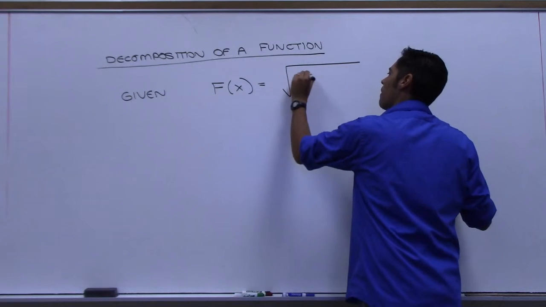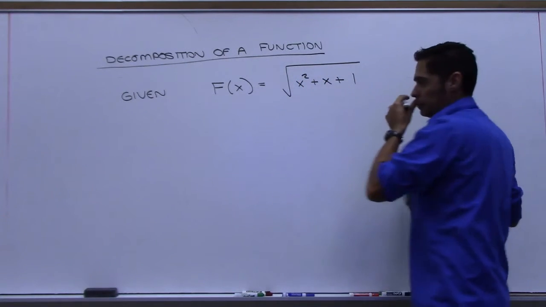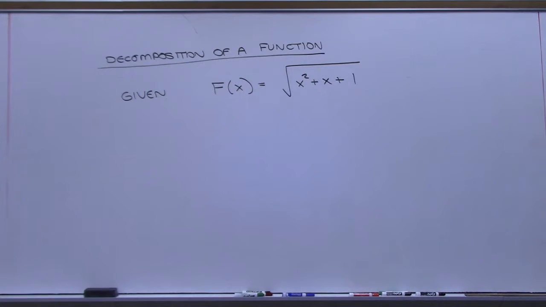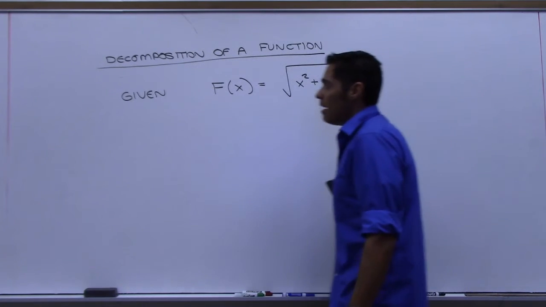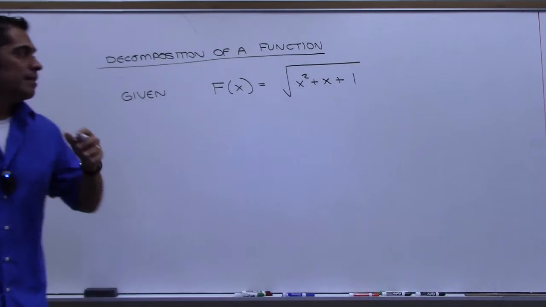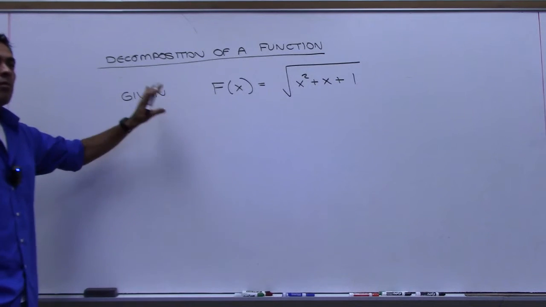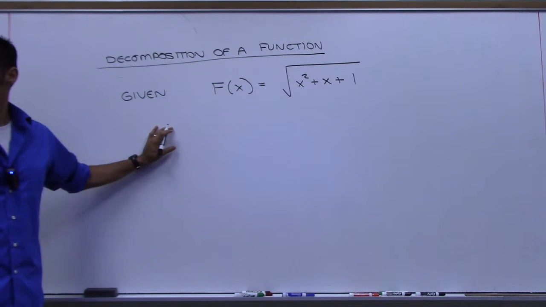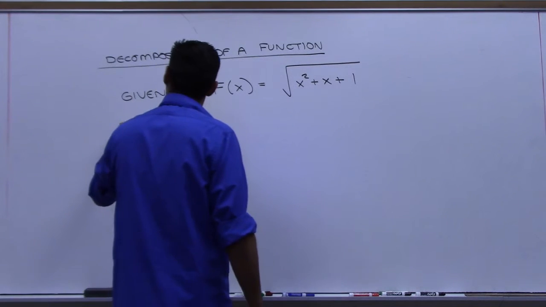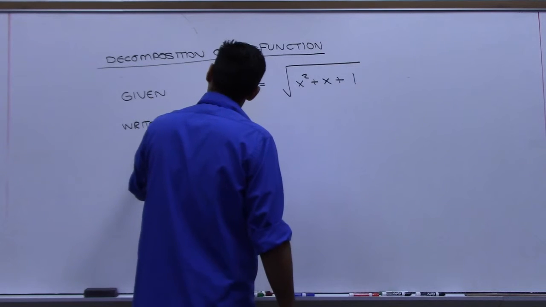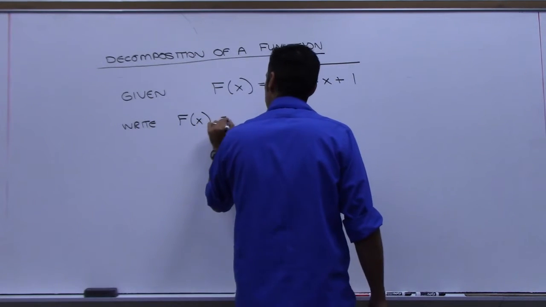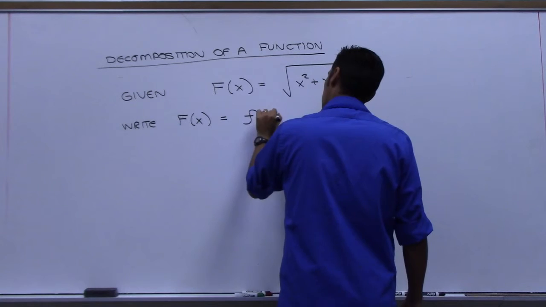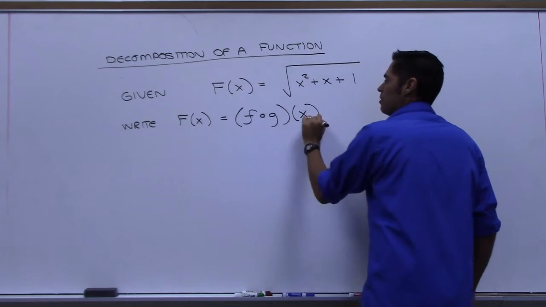X squared plus x plus 1. So what we're going to do here is we're going to try and work backwards. We're going to take a look at capital F, and we're going to see if we can rewrite capital F as the composition of two functions. So I want us to write capital F of x as the composition of two functions.